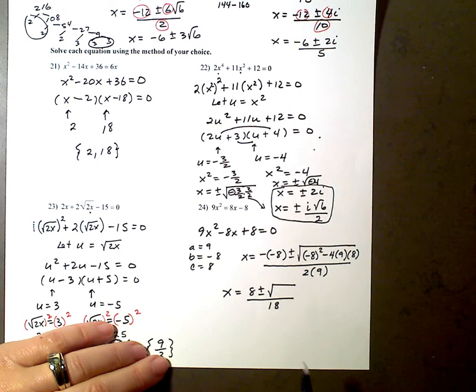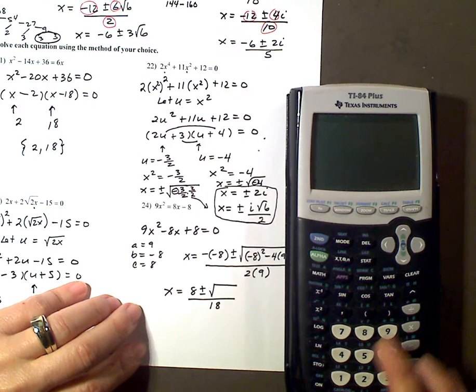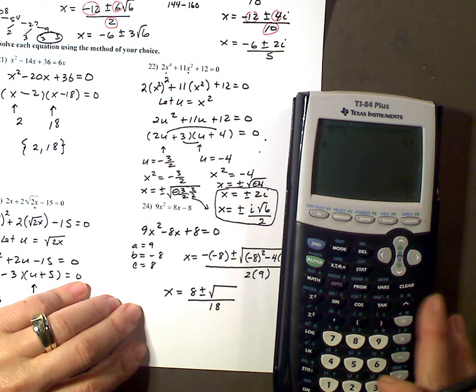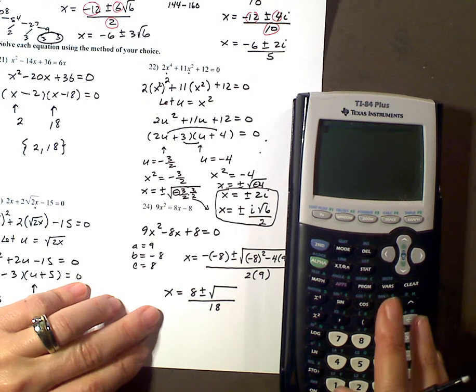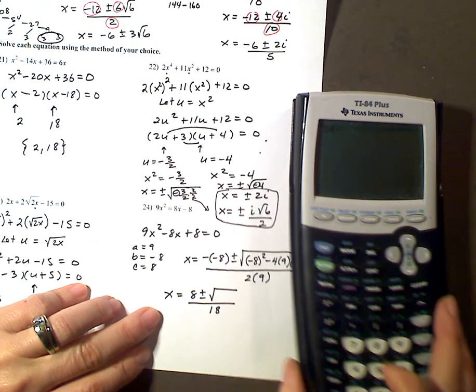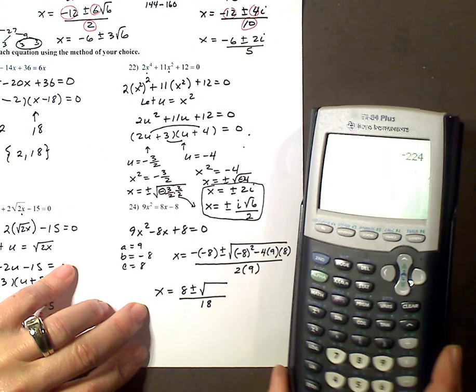So when I go to simplify this, I'm simply going to punch it in here. So negative 8, when I square it, I have the whole negative 8 being squared. I get 64 minus 4 times 9 times 8, which is going to be a negative 224.